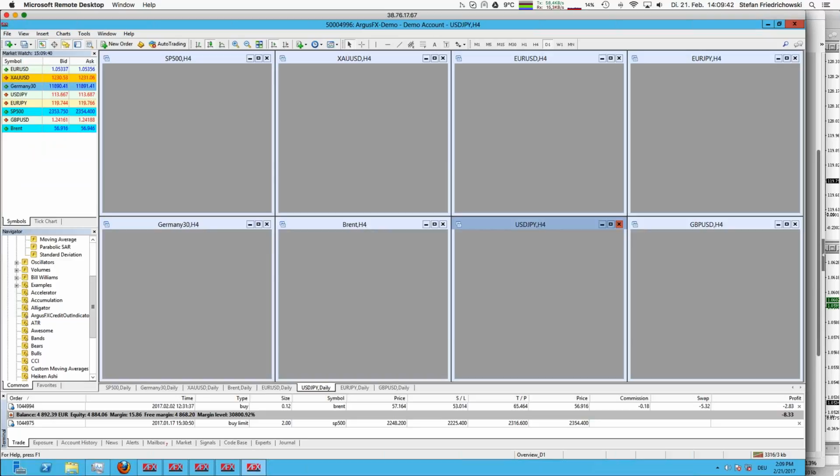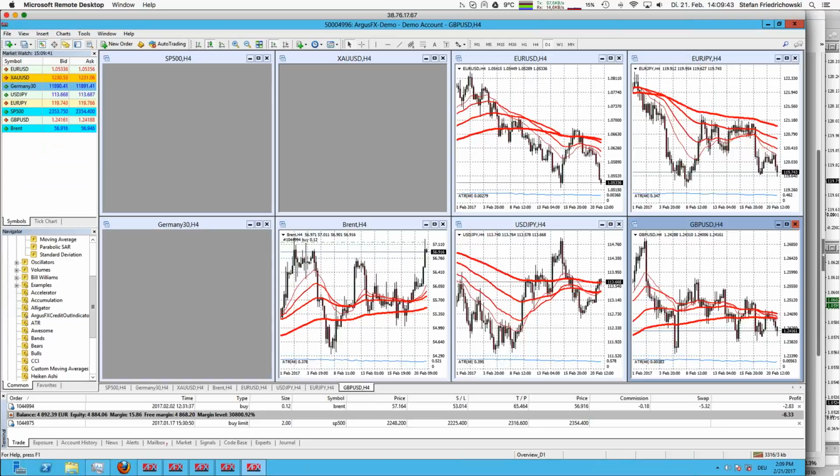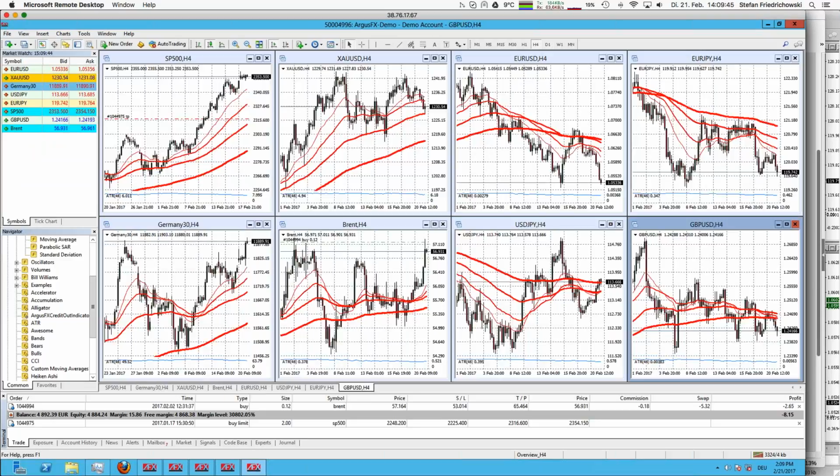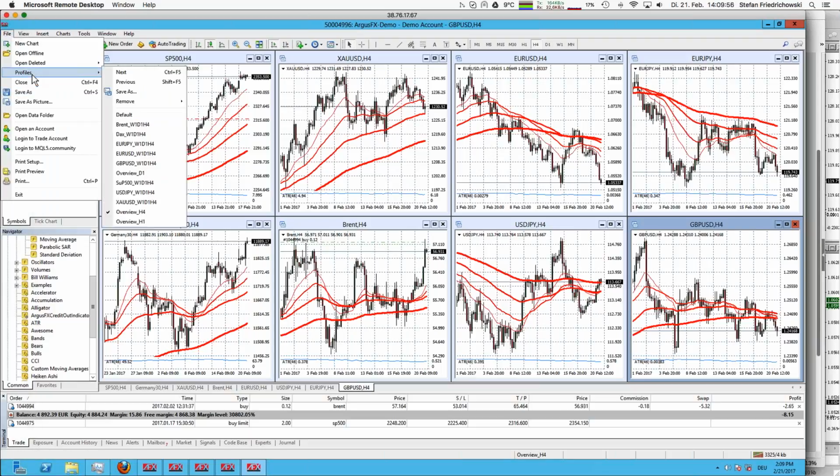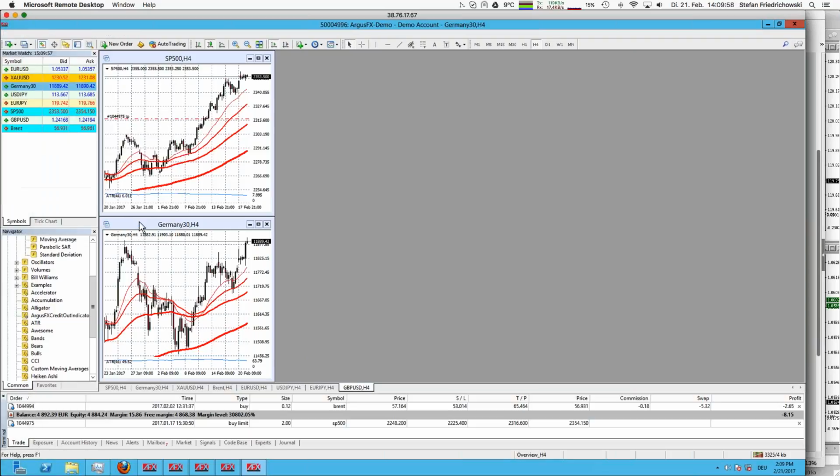just have a look at how it looks here for the different profiles. Now this one is the H4. And finally, we have another profile here with H1.